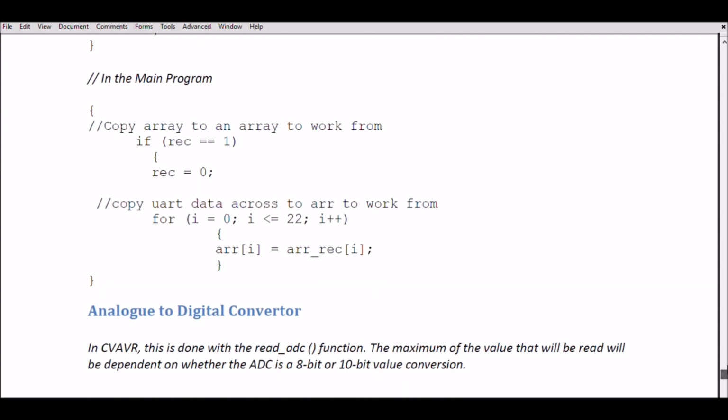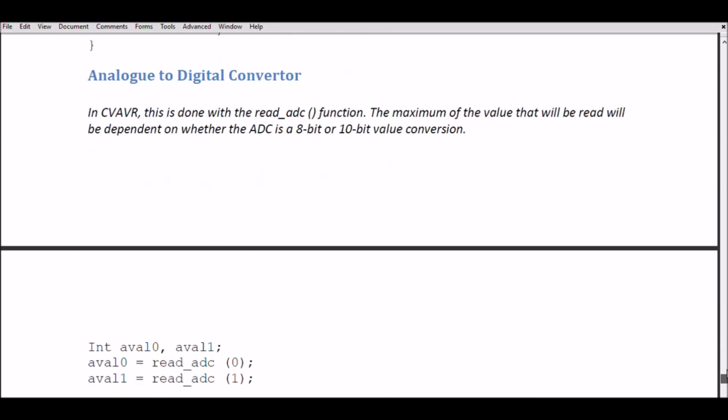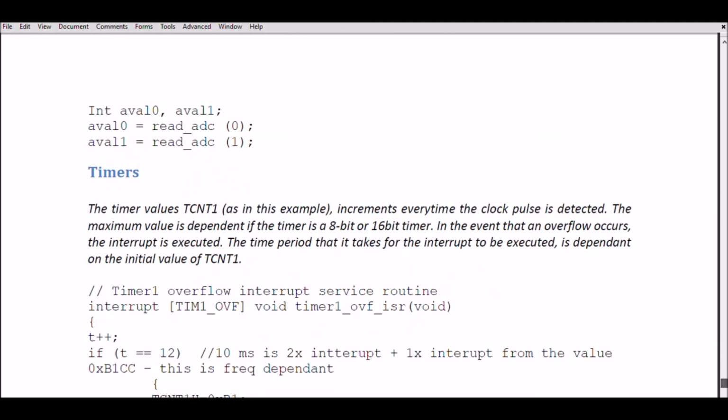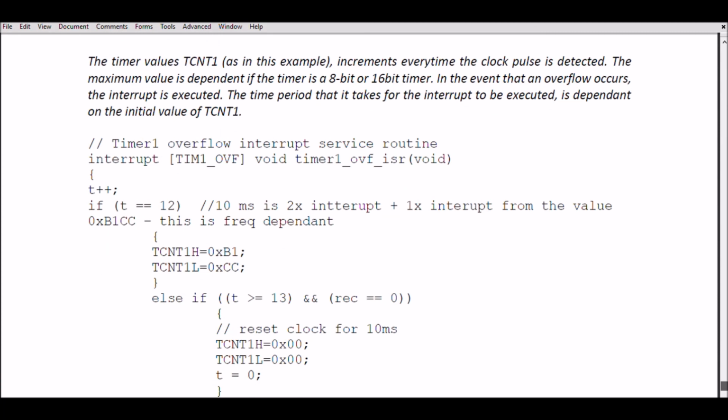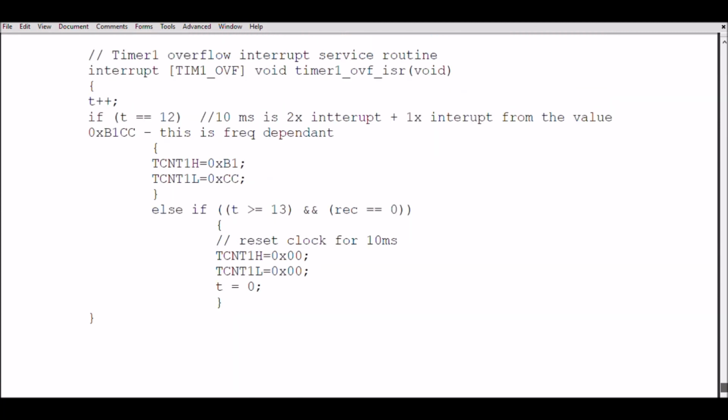We looked at how to get values from an analog to digital converter, and then we also looked at timers. We looked at the theory behind the timers, and then how to implement those values that we've calculated in our code for a specific timer.